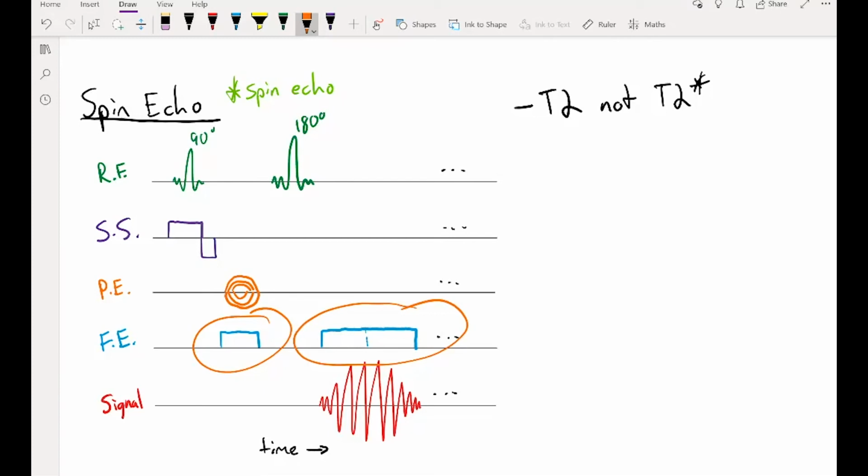Now, this is important because no gradient in MRI is perfect, which means that if we had a positive frequency encoding gradient and a negative frequency encoding gradient, like we did in the gradient echo example, those gradients are not going to 100% perfectly cancel each other out because of just machine error, because the coils of the gradient cannot be aligned perfectly, or any other machine factors.